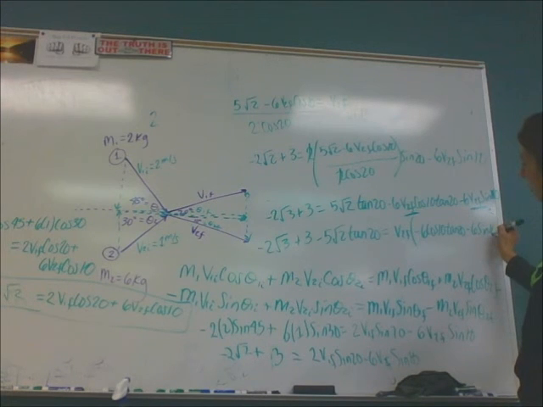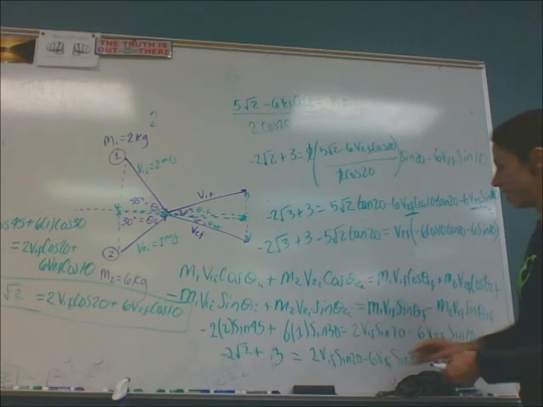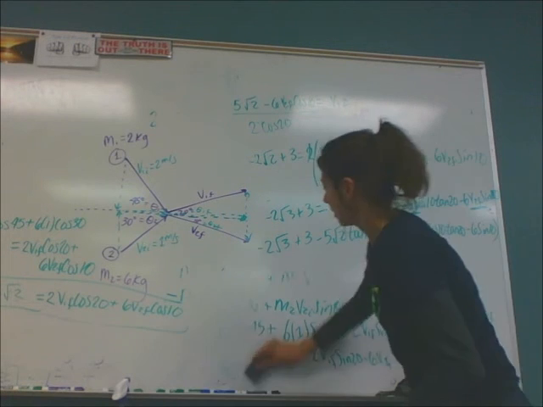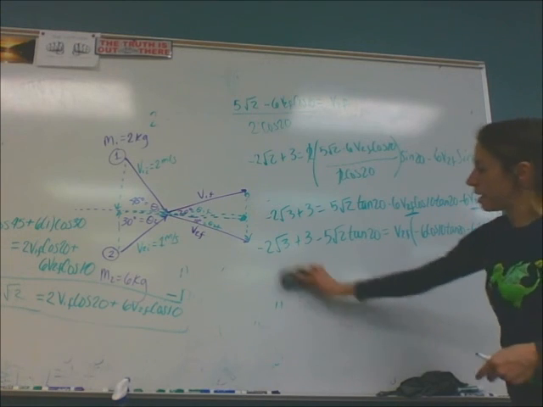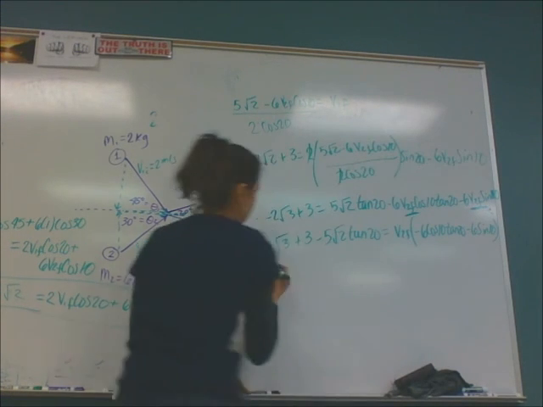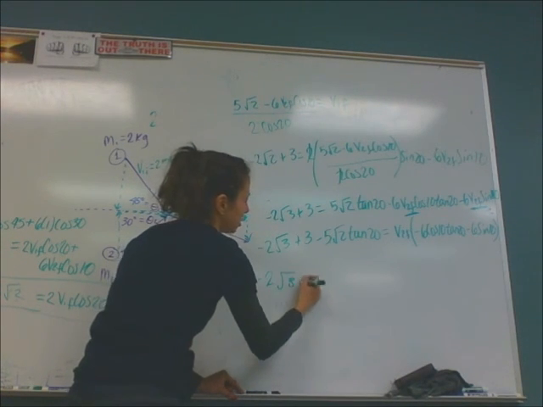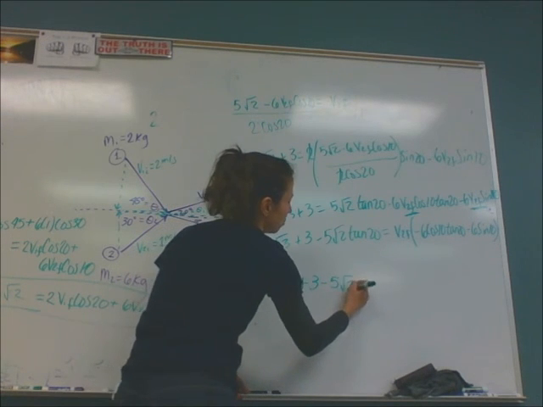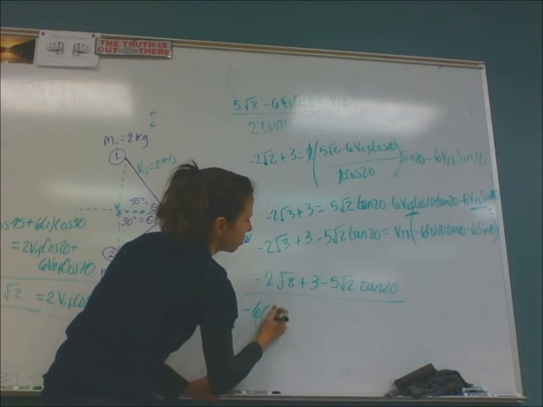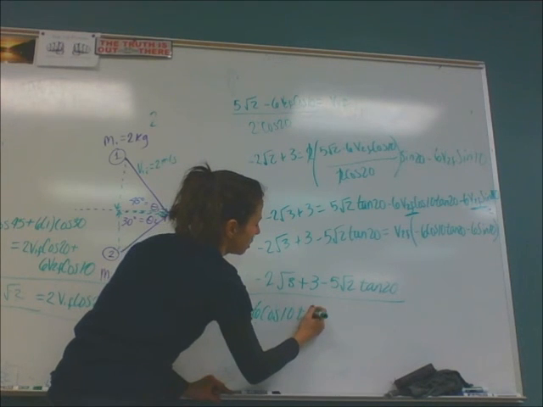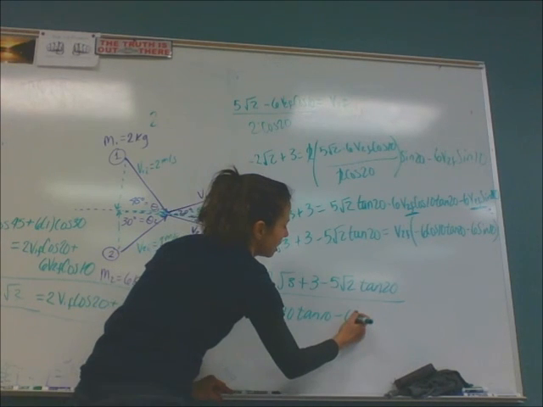And then I can divide everything by this term here. Negative 2 square root of 2 plus 3 minus 5 square root of 2 tangent 20 over negative 6 cosine 10 tangent 20 minus 6 sine 10 equals v2f.